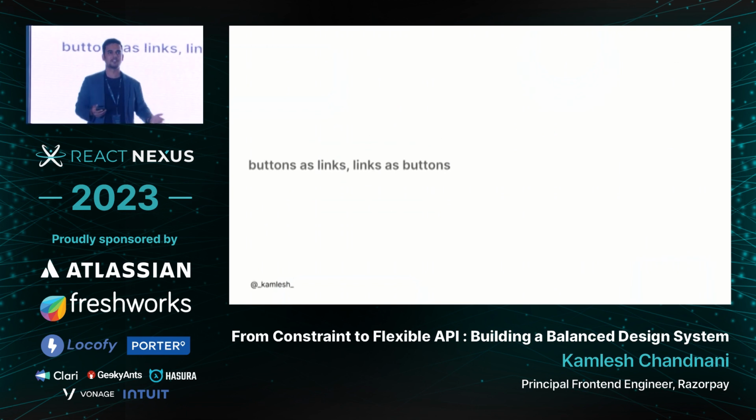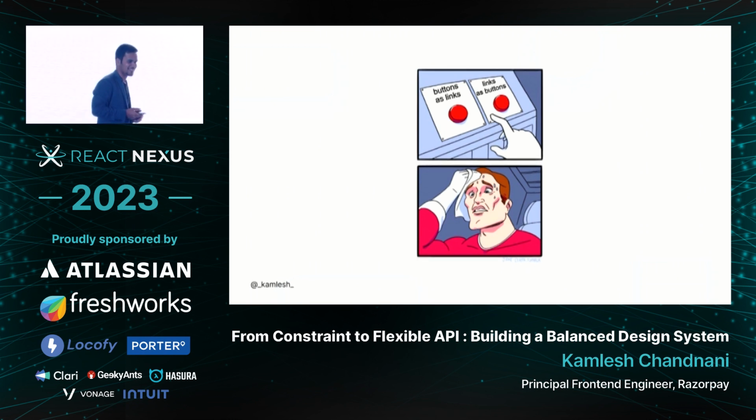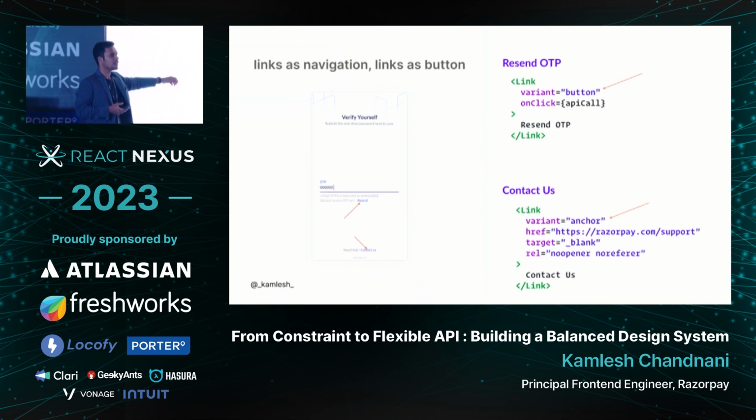Now, the next component. How many of you have been in this situation? Buttons as links, links as buttons. So let me start with links. We had two variants of links. One was you can render links as button, and the second was you can render links as anchor. The navigation ones are the ones which will redirect you to a different page or a URL, right?